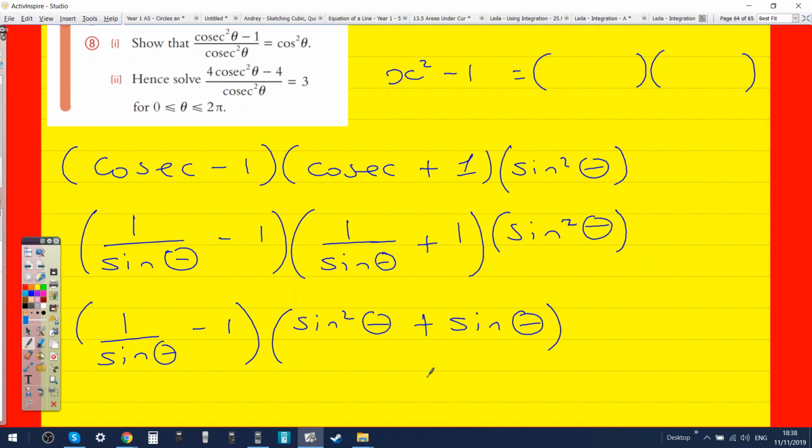So sine squared theta minus sine theta, minus sine theta plus 1. So it's in fact minus sine squared theta plus sine theta minus sine theta plus 1.